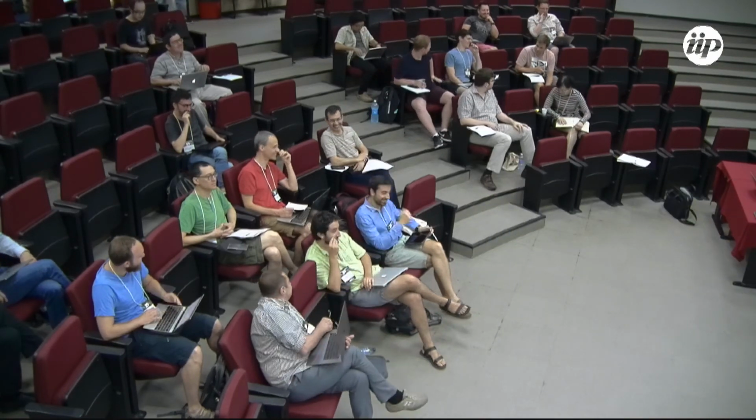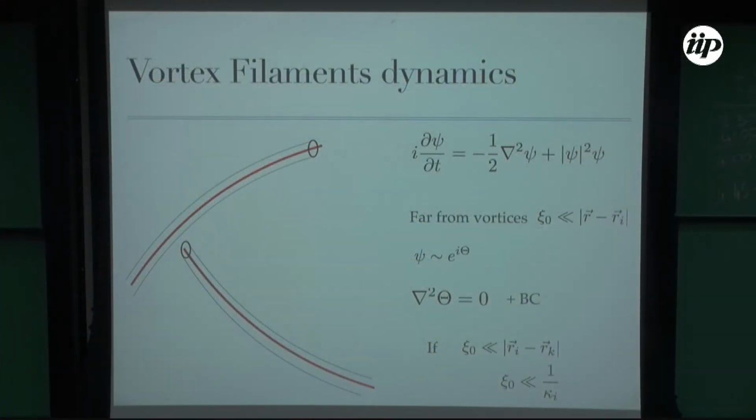Then you have this nonlinear partial differential equation, and the idea is to separate scales and assume that there is a coherence length, which are these sides here, and assume that every distance, this vortex filament and this one are very far away.